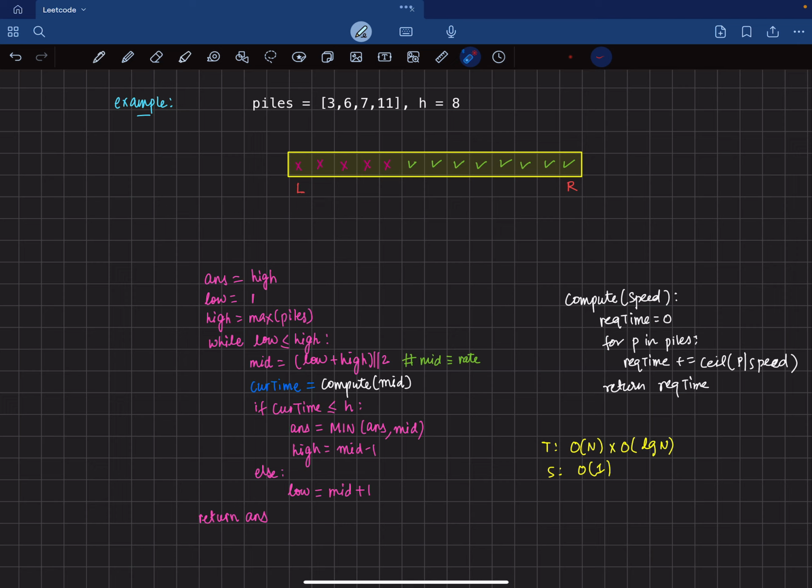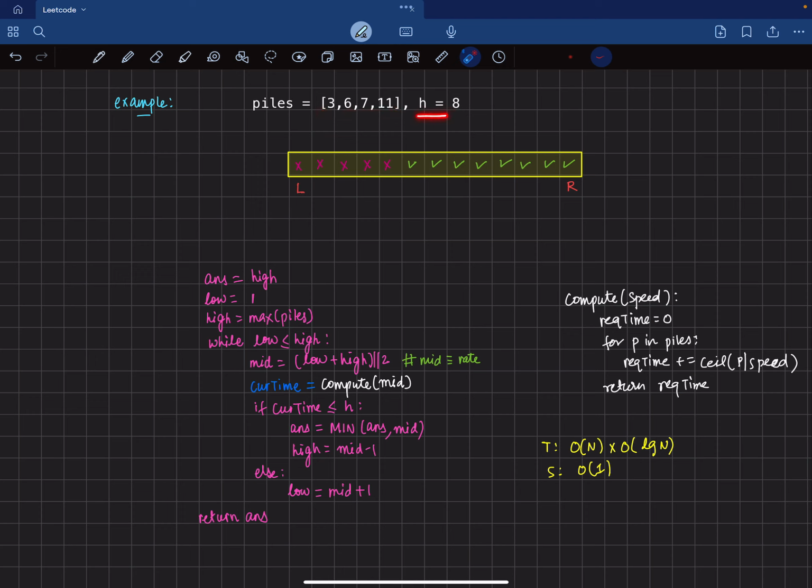But if somehow, let us suppose, our mid was pointing at this part, what does it mean? If mid is pointing at this part, it means essentially that Coco was able to finish eating all the bananas, but she was not able to accomplish this within H hours, which means she took more than H hours.